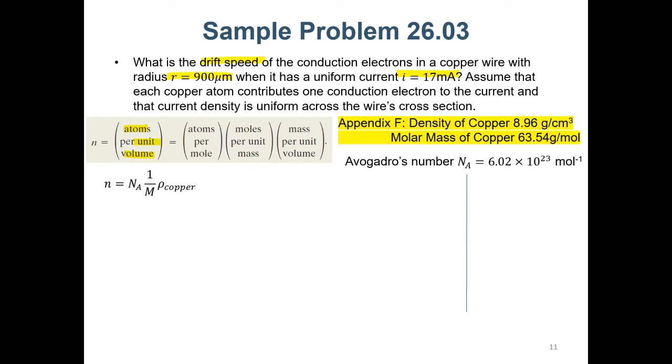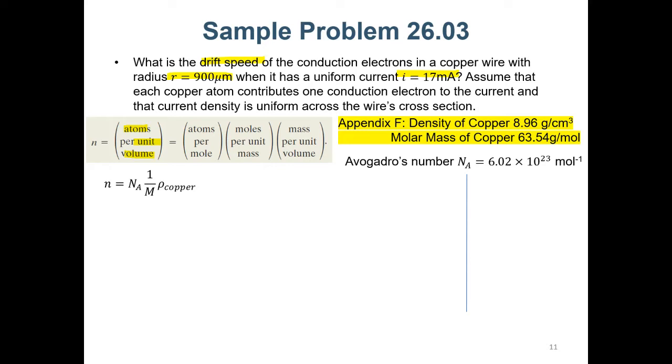So here, the number of atoms per unit volume equals atoms per mole, and then we have moles per unit mass, and then we have mass per unit volume.